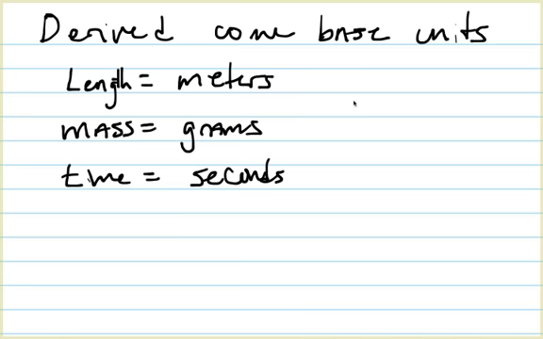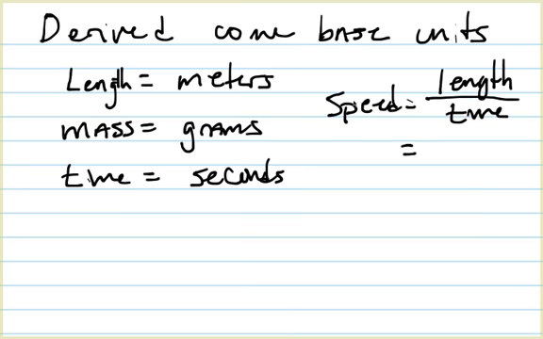Now we can use these units to make up new measurements that are combinations of these. For example, speed is equal to length divided by time. So if we use our base units, we would have the meter divided by the second. That would be a unit of speed, a derived unit coming from the base units of length and time.